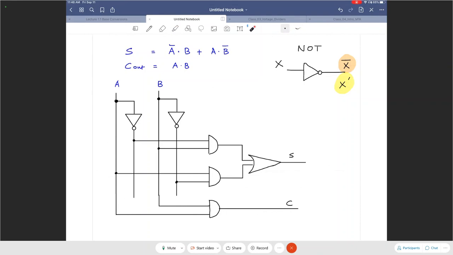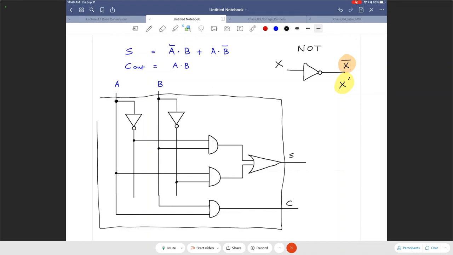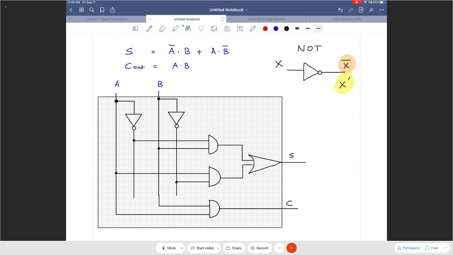Now, what do we need? I want to attempt to draw a logic diagram of my half adder. Right? So at the beginning, I started off with a box, and here is my box. That's my half adder.